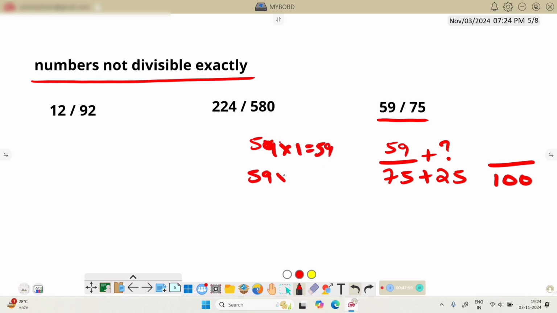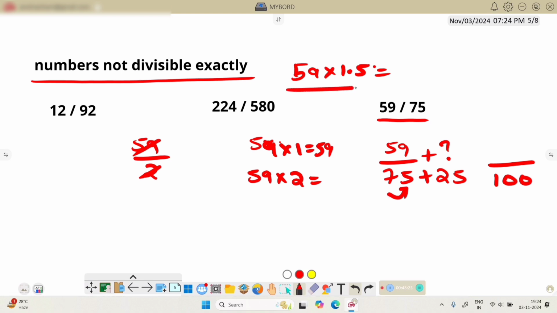If you take 59 twos, it will be greater than 75. So first you just halve this 59. So now what you'll do is you just take 59 into 1.5. If the answer is greater than 75, then you just take 59 into 1.25. Okay, so you just check these two numbers.